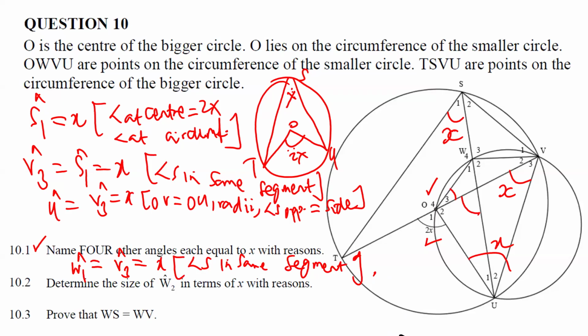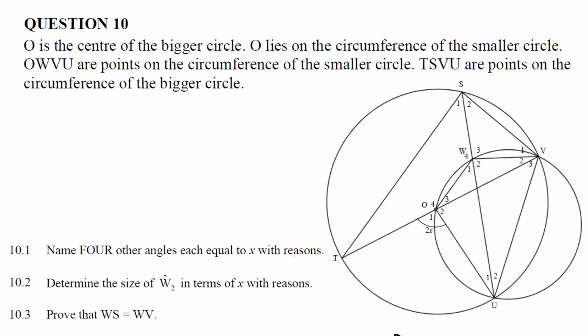So next, you need to now determine the size of W2 in terms of X with reasons. What do you think of that one? We have 2 minutes. So we need W2 in terms of X with reasons.